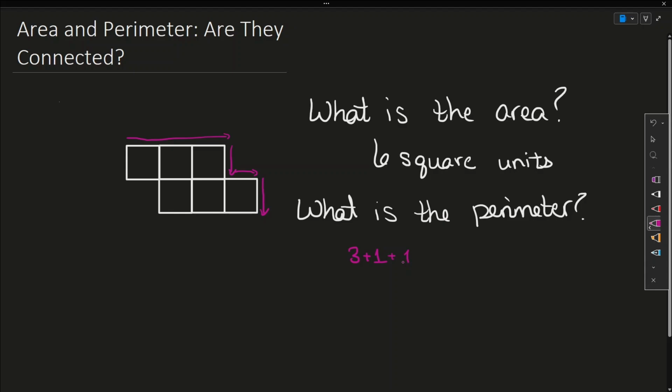So we have 2 more 1s. 3, 1. And then finally 2 more 1s. When we do that, we get 12 units.